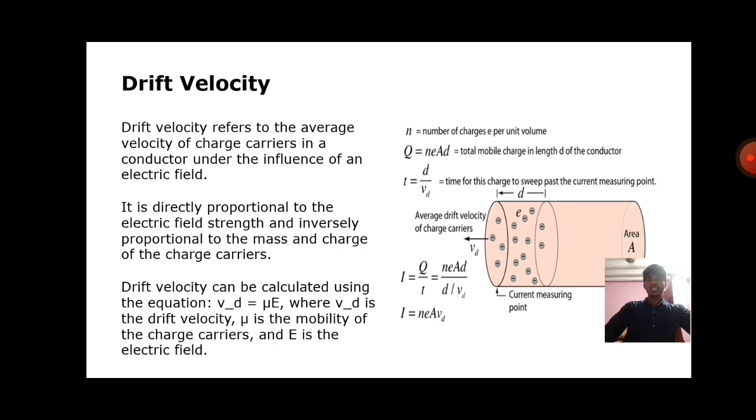Drift velocity can be calculated by using v_d equals mu E, where v_d is the drift velocity, mu is the mobility of the charge carriers, and E is the electric field.